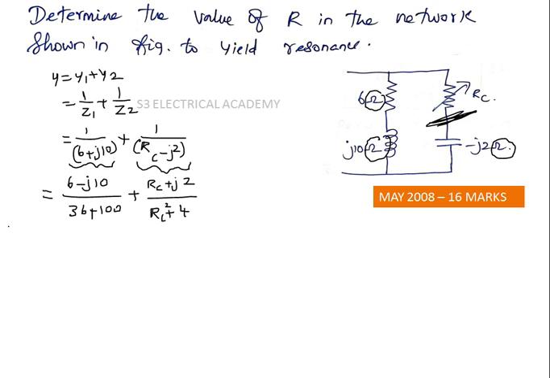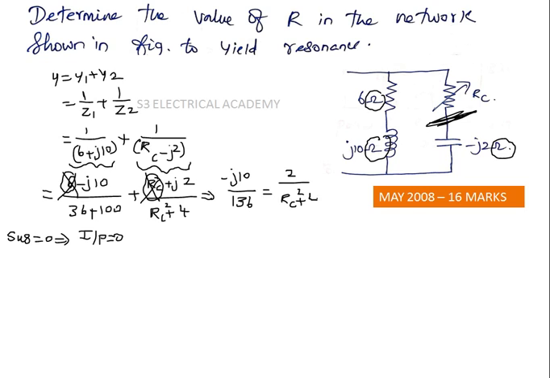Now the susceptance part is equal to 0, that is the imaginary part will be 0. So you just ignore the real parts, 6 as well as RC. Now we take the imaginary part: minus j10 divided by 136 should be equal to 2 divided by RC squared plus 4. Now cross multiply this.